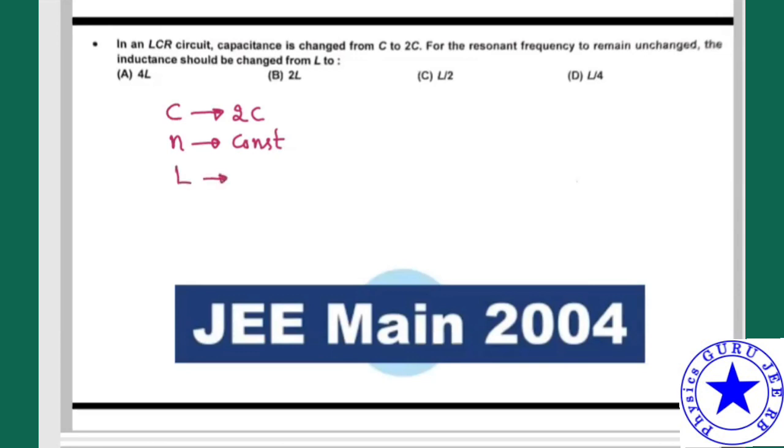The formula for resonance frequency is n = 1 by 2π under root of LC.